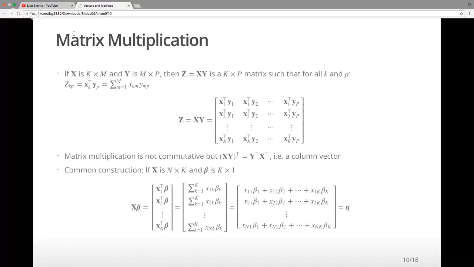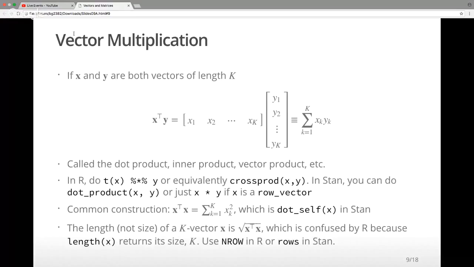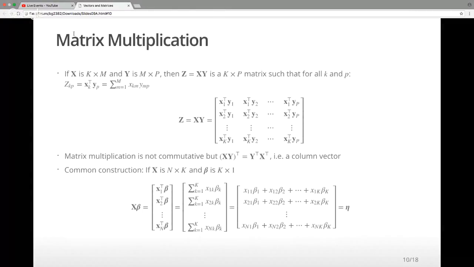Okay. So matrix multiplication and vector multiplication are really where matrix algebra, linear algebra, differs the most from scalar algebra. And nowhere is that more apparent than in saying that only some matrices are even eligible to be multiplied by each other, whereas all scalars can be multiplied by each other.